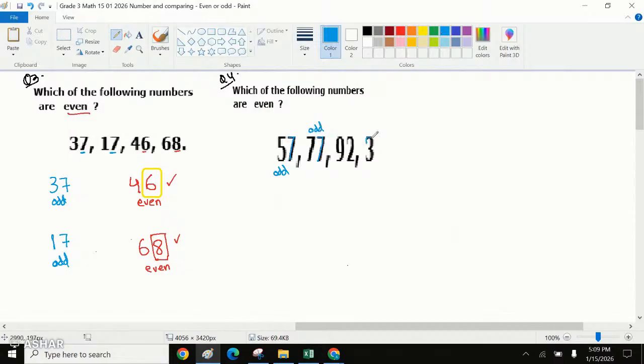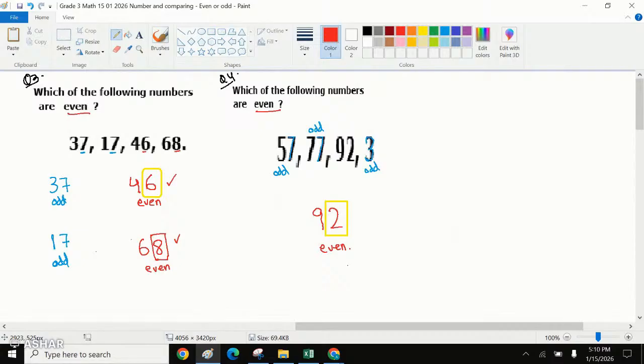A number ending with 3, so we know that the numbers ending with 1, 3, 5, 7 would always be odd. But if we have 92, because we are just finding the even, since 92 is ending with 2 on the ones position, we can say 92 is an even number, right?